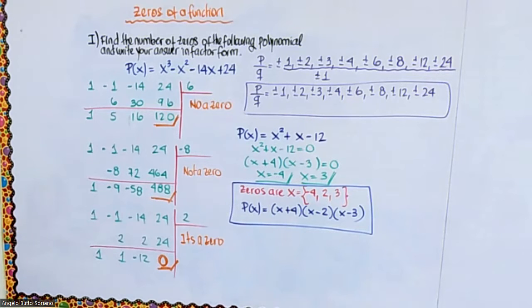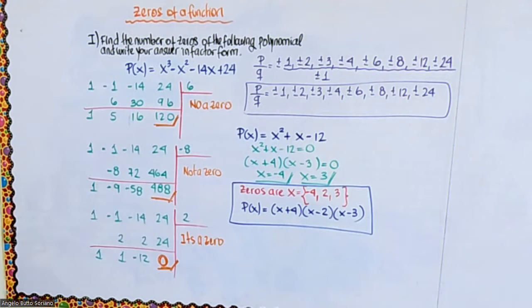Remember, the maximum power of x determines how many solutions we have. Because the original power is x cubed, we're going to have 3 answers: negative 4, 2, and 3. And the factored form was x plus 4, x minus 2, and x minus 3. Understood?